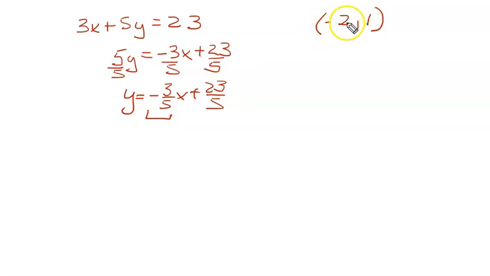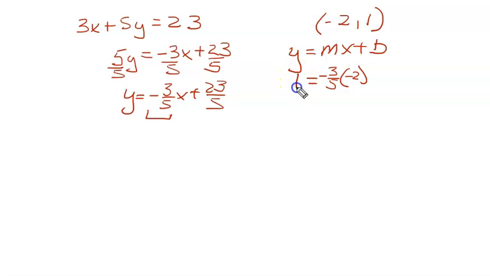And we want it to go through this point. So again, let's review slope-intercept form. And I would suggest to do it this way. You're going to take your new slope and put it there, -3/5. Your x value is going to be -2, replacing this x, and the y is 1.